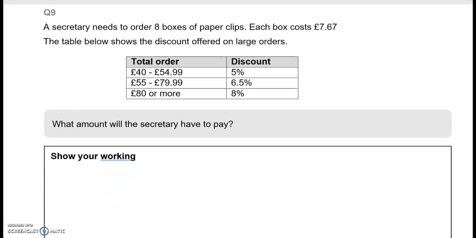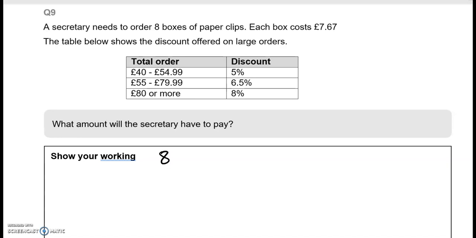Question 9. A secretary needs to order 8 boxes of paper clips. Each box costs £7.67. The table below shows the discount offered on large orders, by the value of the order. So the question is, what amount will the secretary have to pay?